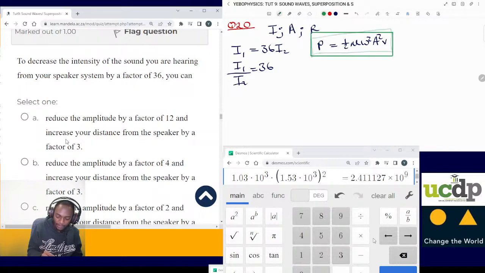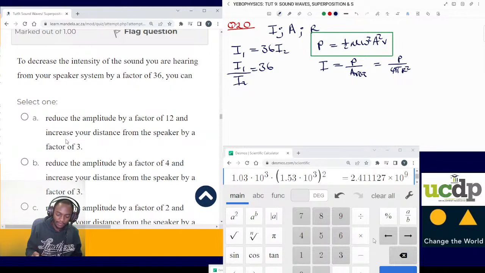This will be one of the equations we need, and we should know that intensity is power per unit area. If this is a sphere, the area is 4 pi r squared, or just pi r squared for a circle. But the formula for the area will not matter, because the 4 and the pi are constant, so it will not affect our ratio.